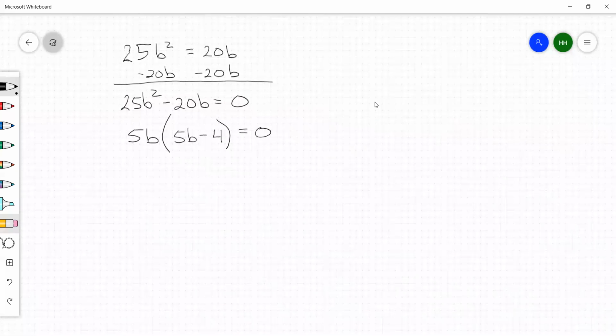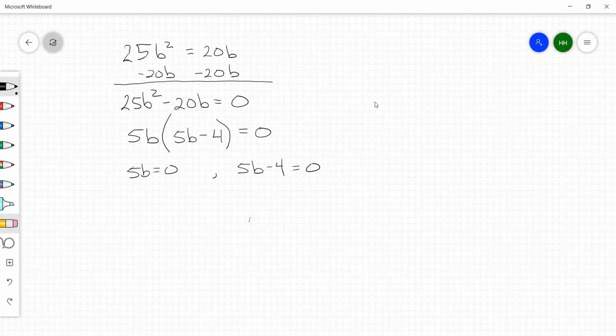And you set each of those equal to 0. So you set 5b equal to 0, and 5b minus 4 equal to 0. So on the left, you can divide both sides by 5, and b would be equal to 0. And on the right, you can add 4 to each side.